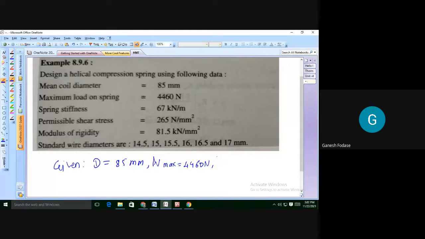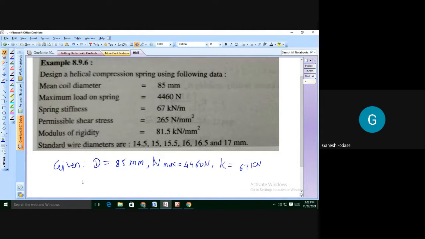Then spring stiffness is given. What is the notation for spring stiffness? K. K is almost 67 kilonewton per meter. Okay, it is kilonewton per meter. Next, permissible shear stress is given, and it is 265 Newton per mm square.